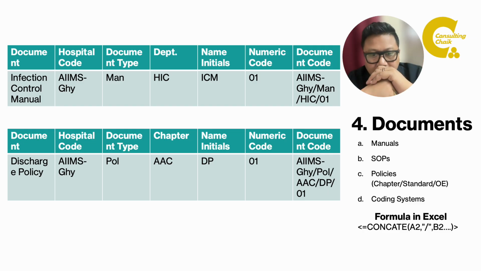Okay, SOPs will have the same kind of format. Only in case of policies, which have to be categorized as per the chapter, here instead of department you use chapter. Okay, so similarly you can do it.